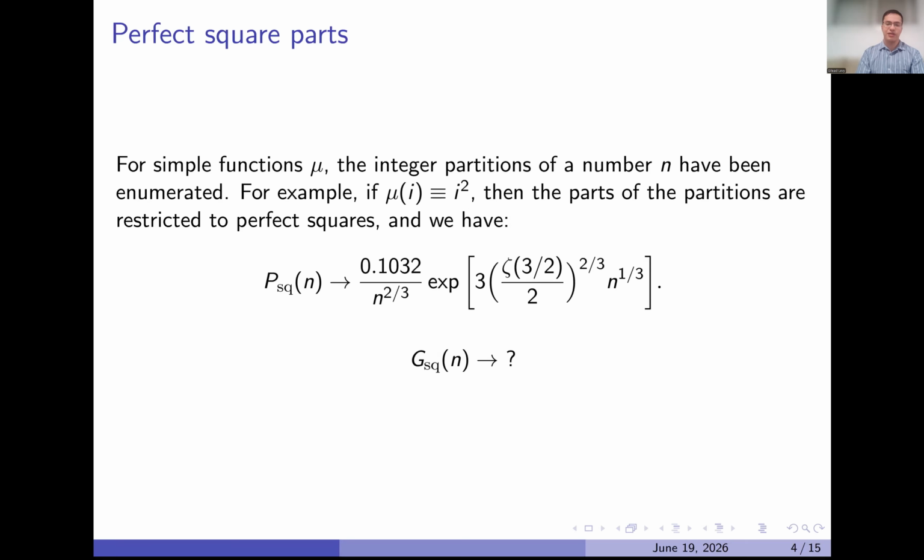Here zeta denotes the Riemann zeta function, which is also a nice example of how unique and exotic the expressions in this topic can actually be. But anyway, the number of graphical partitions of n that have only perfect square parts have not been enumerated. This is one of the problems that our paper aims to solve.